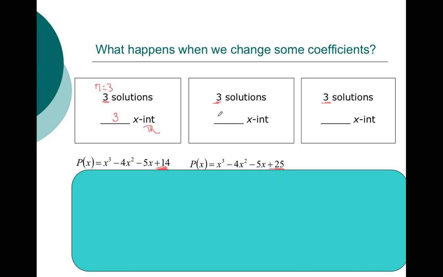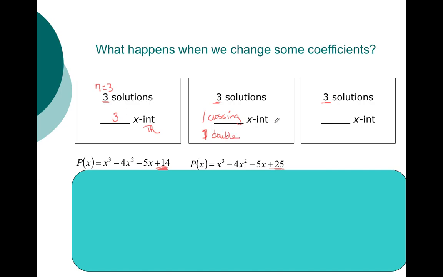I still have 3 x-intercepts, but I will say that I have one, what I'm going to call a crossing x-intercept, because you actually cross the x-axis, and then you have one double x-intercept. So how many is that in total?